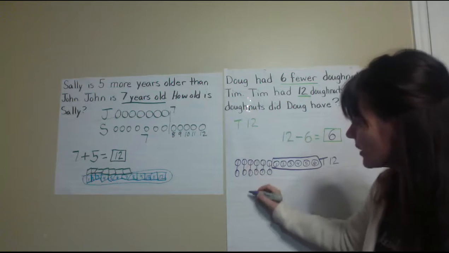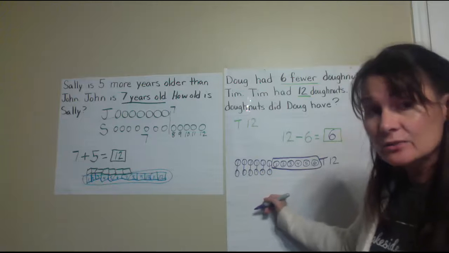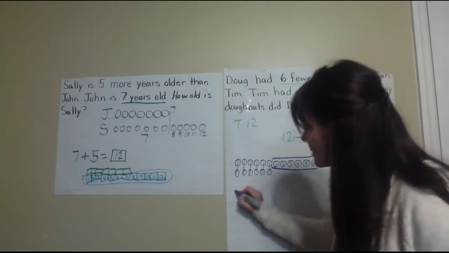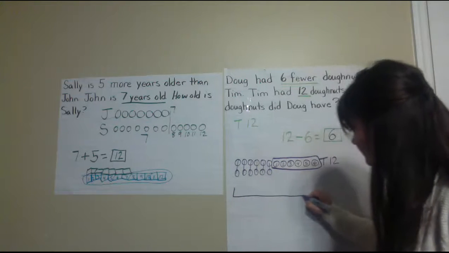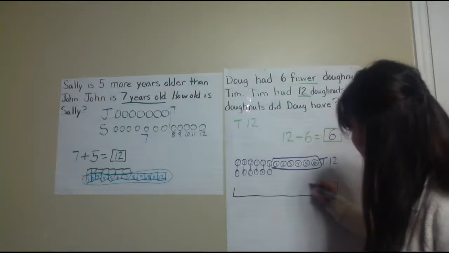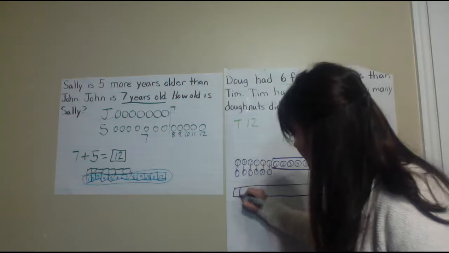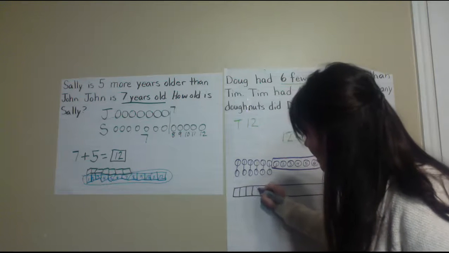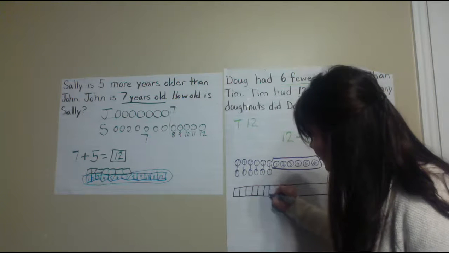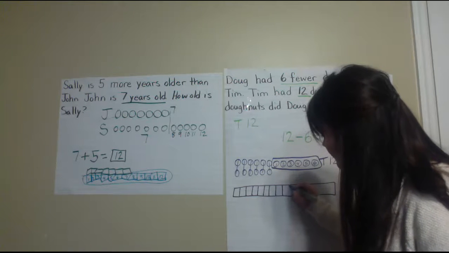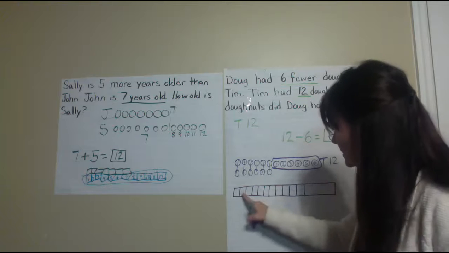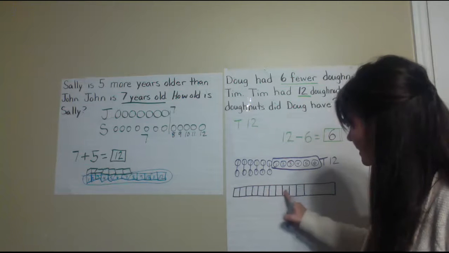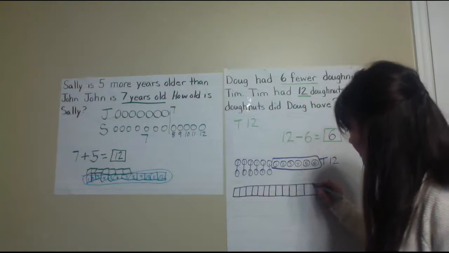So if I wanted to use cubes, I could use that same thing. I could draw my cubes. 1, 2, 3, 4, 5, 6, 7, 8, 9, 10, 11, 12.